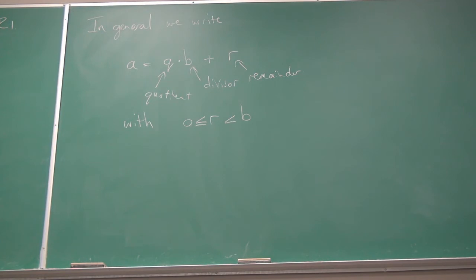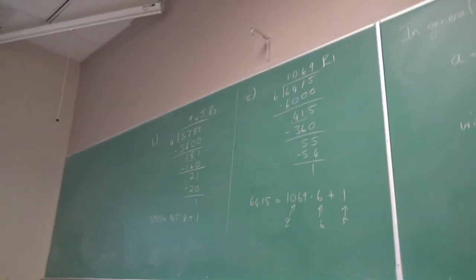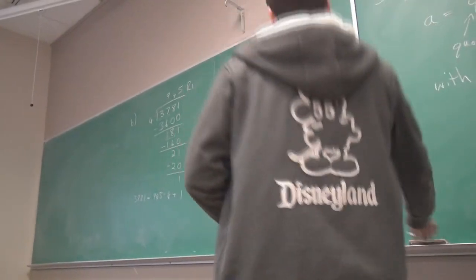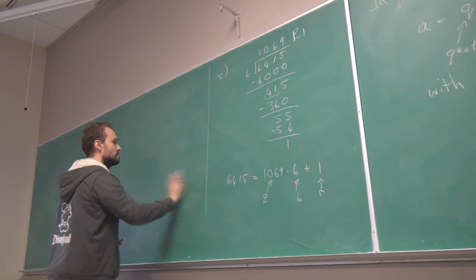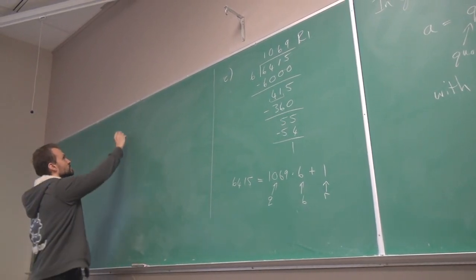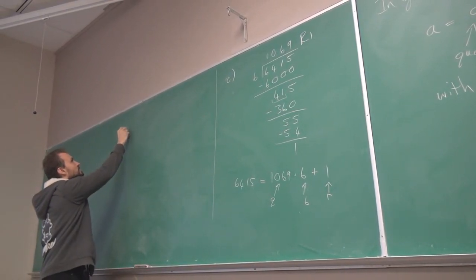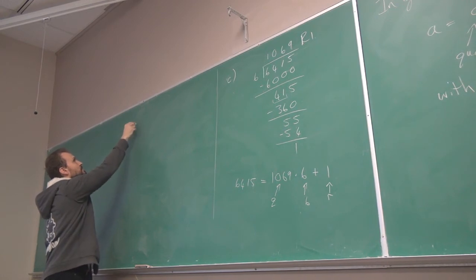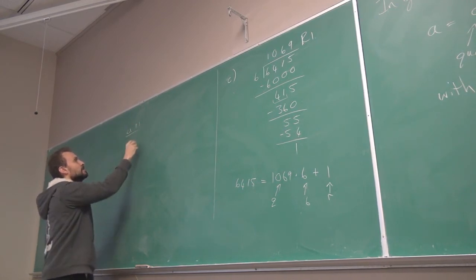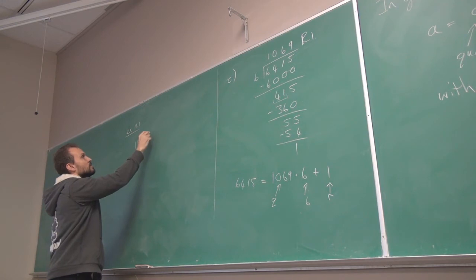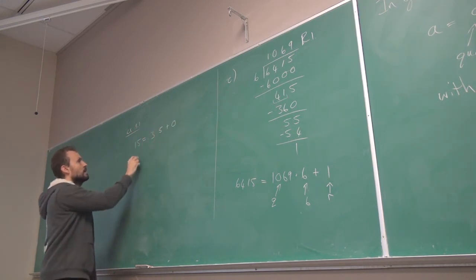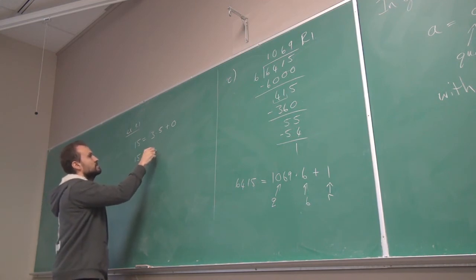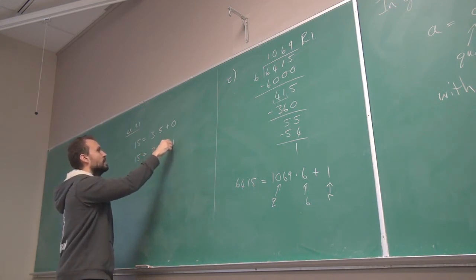Now, in our examples, if we go back to the 15 and the 5 and the 2, don't close it yet. So our example 9.1, we had 15 was 3 times 5 with nothing left over. 15 was 7 times 2 with 1 left over.